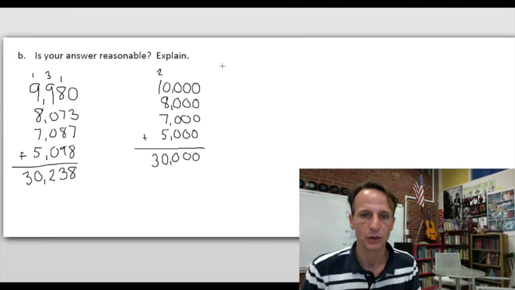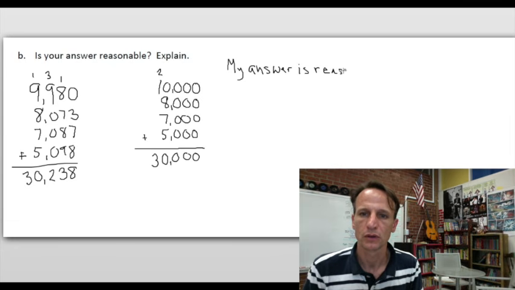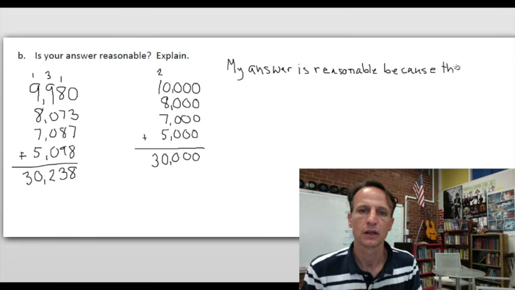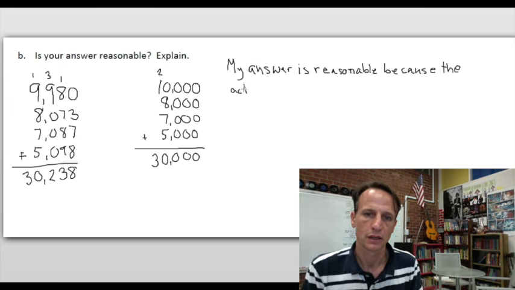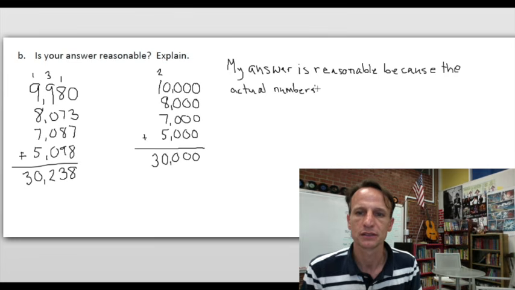So we can simply explain now my answer is reasonable because the actual number, we're talking about liters of milk here from those 4 cows, is close to my estimate.